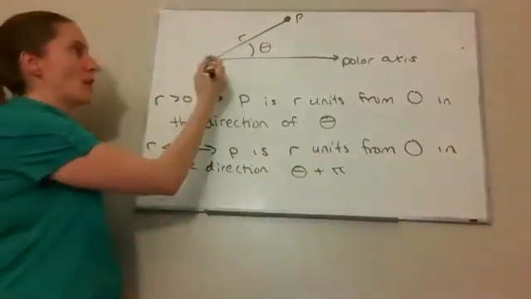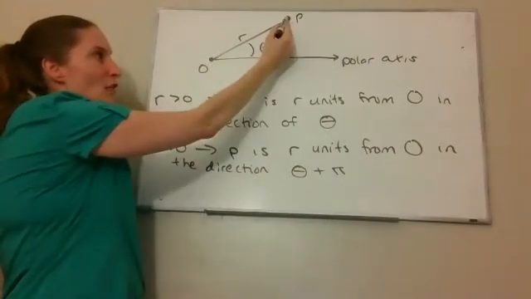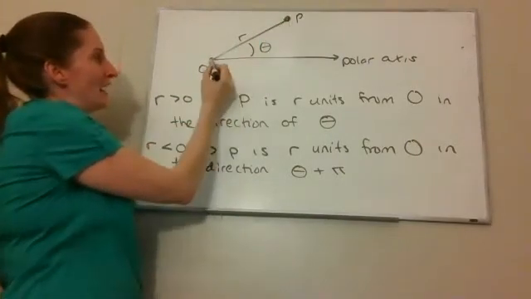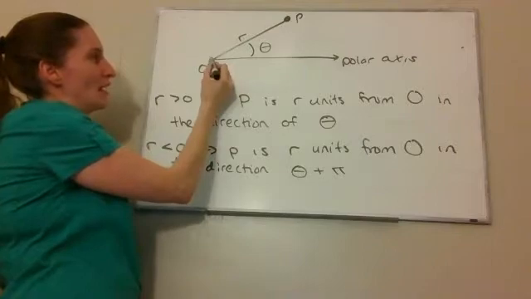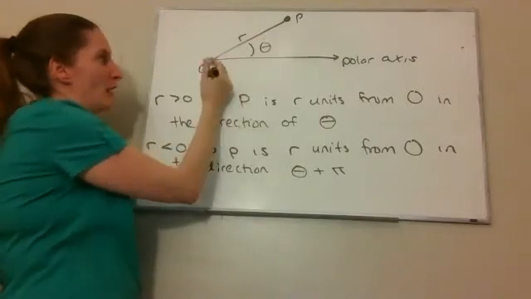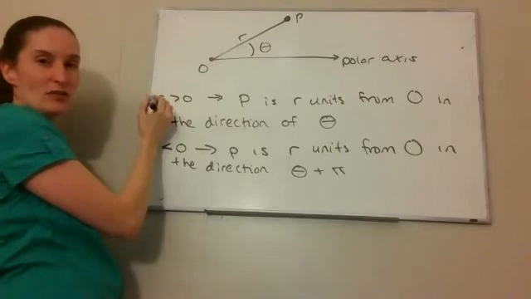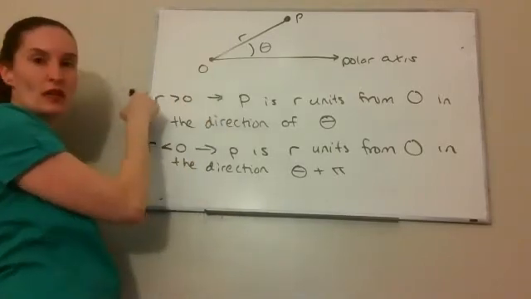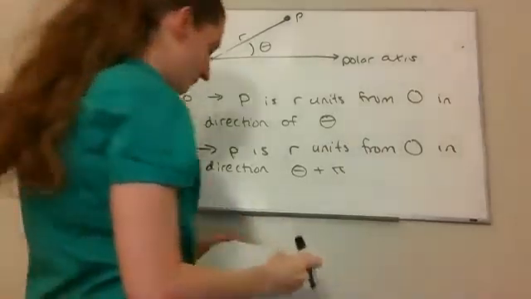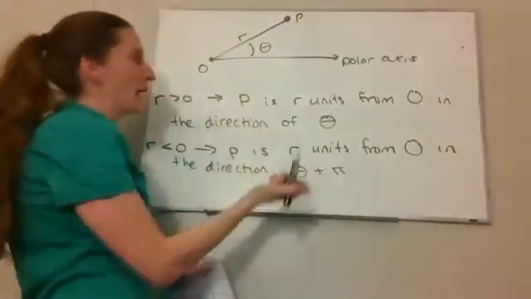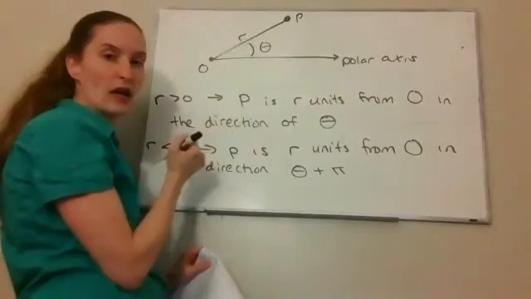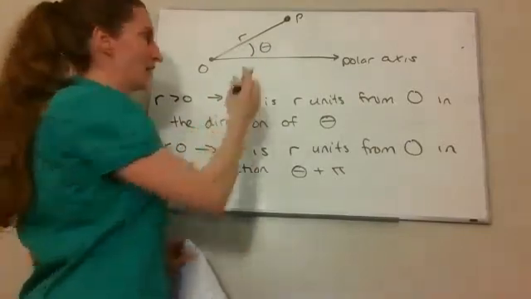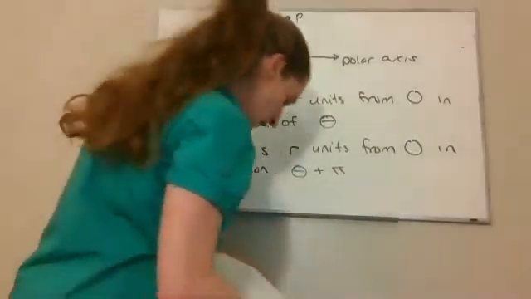So for example, up here I have a positive r for my point P. If I instead had negative r, instead of going in the direction of where my angle theta is, I would move in the opposite direction, theta plus pi. So I would have my point P down over here at some point. When theta is positive, it's considered a counterclockwise angle, and when theta is negative, it's clockwise.